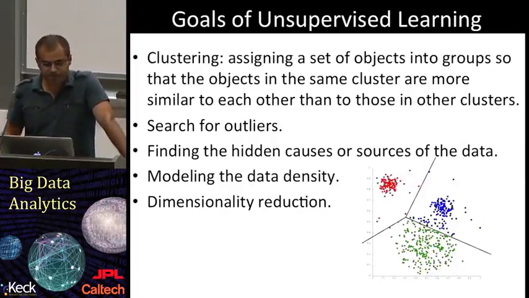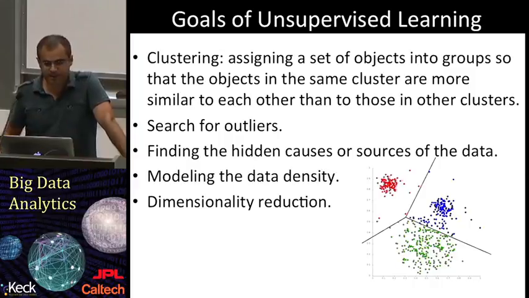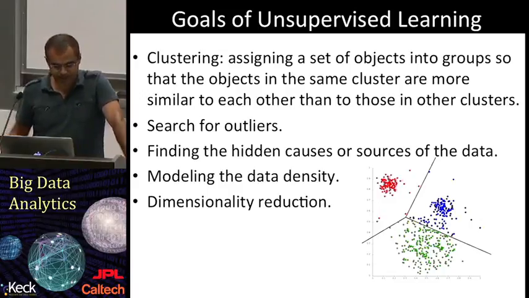Now, clustering, modeling data density, and dimensionality reduction are among the most common problems addressed with unsupervised techniques. Clustering can be defined as the task of assigning a set of objects into groups, called clusters, so that objects in the same cluster are more similar to each other than to objects in other clusters.